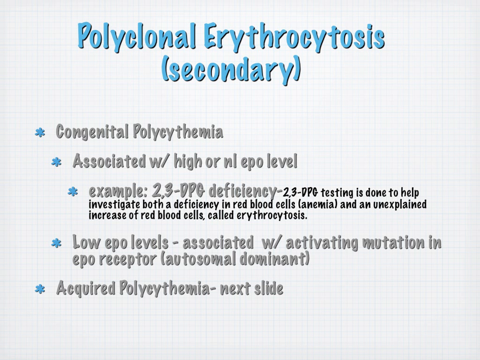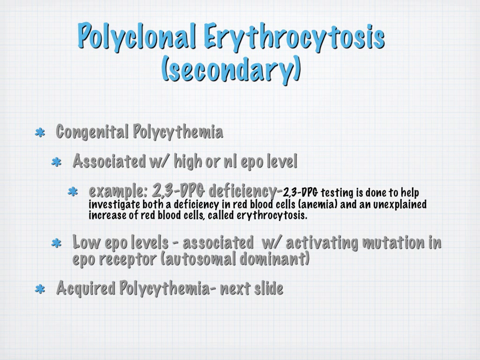All right, low EPO levels are another reason for congenital polycythemia, associated with an activating mutation in the EPO receptor. So it's a congenital reason that we have low EPO levels, and then we end up with a polycythemia as a result.